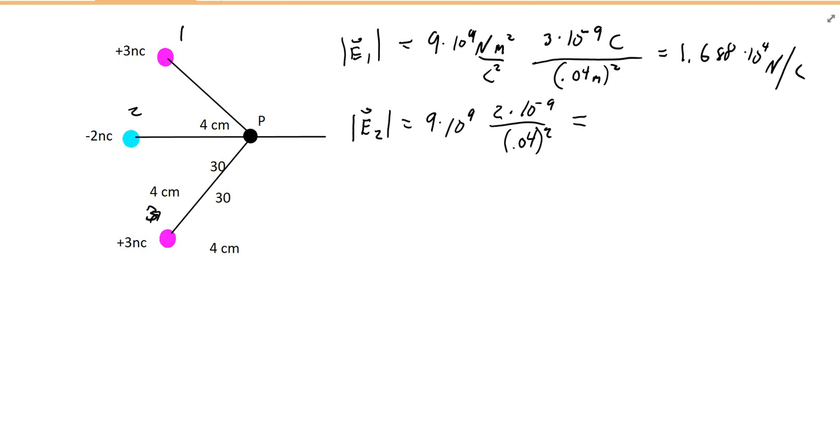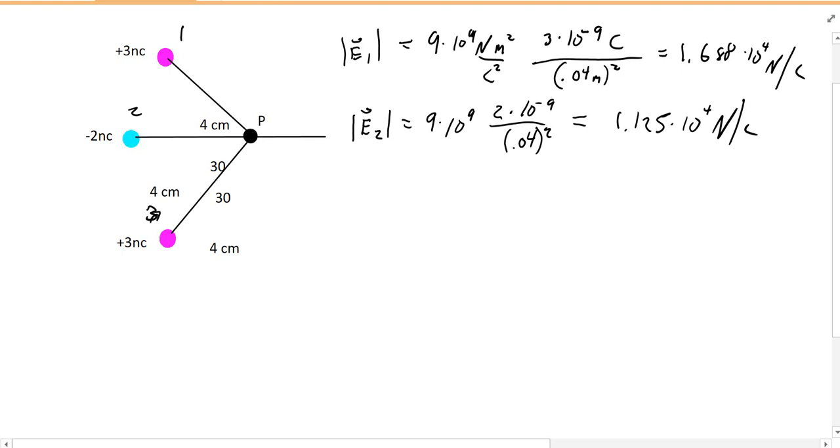We don't really get the direction from this equation. We get only the magnitude. You have to get the direction by thinking about the definition of electric field. So when we plug that in, it's 1.125 times 10 to the 4 newtons per coulomb.